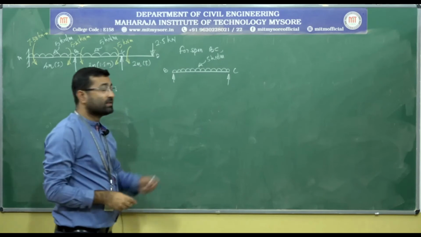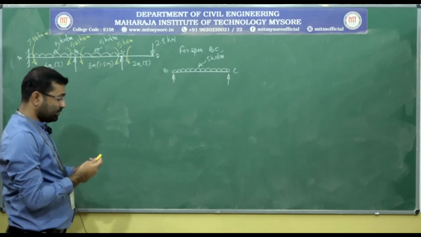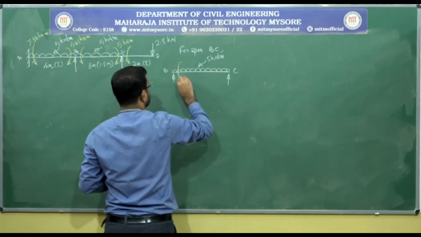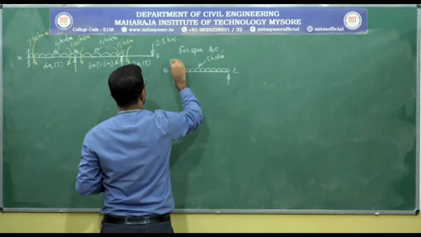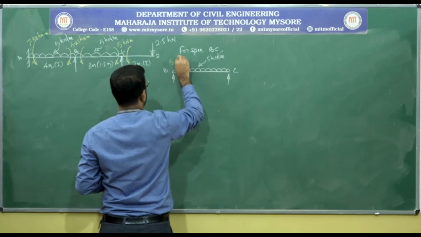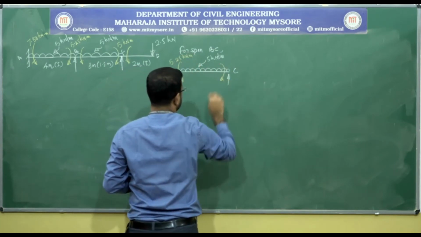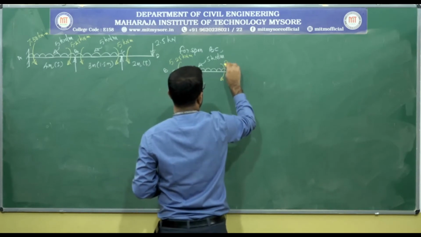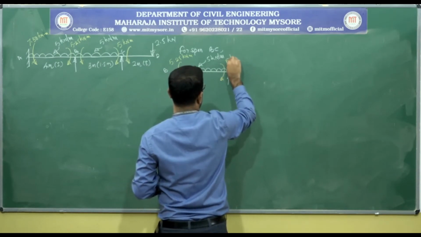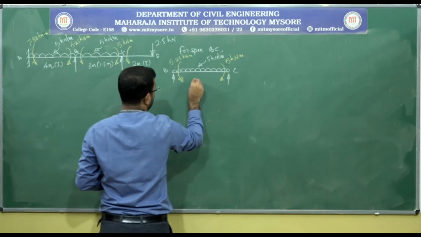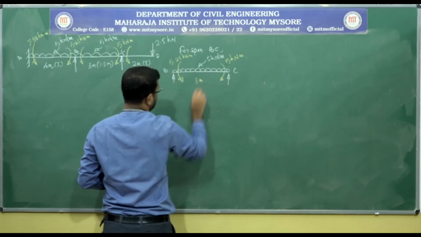Apart from this, on the span BC we have two end moments. One is on the left side, negative moment of 5.25 kilonewton meter, and on the other side we have a positive moment of 5 kilonewton meter. The span is 3 meter.